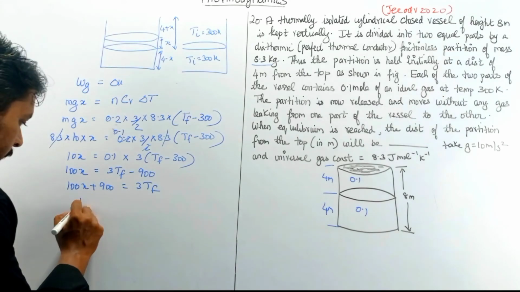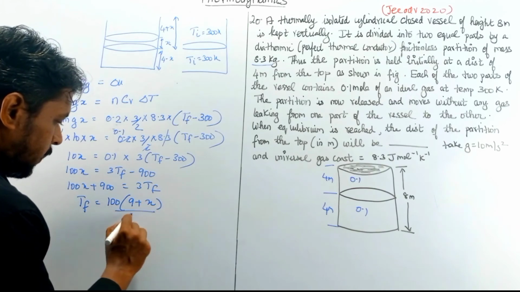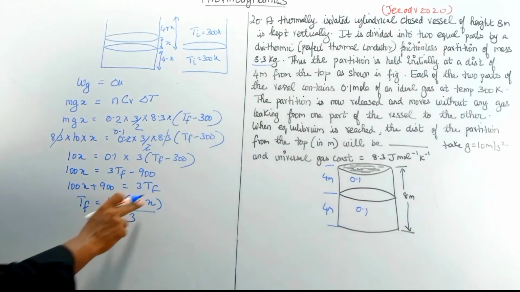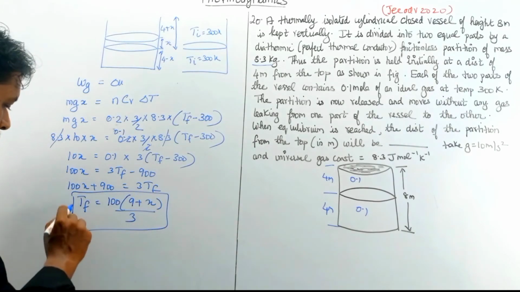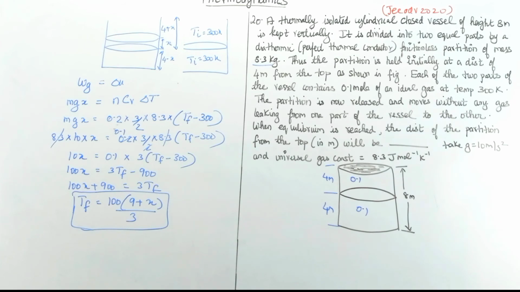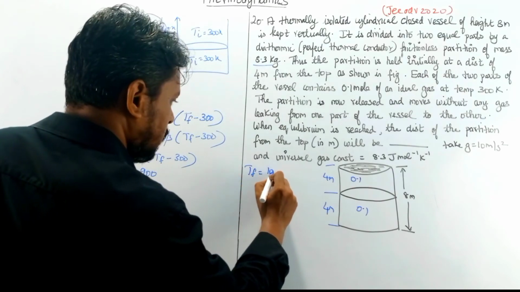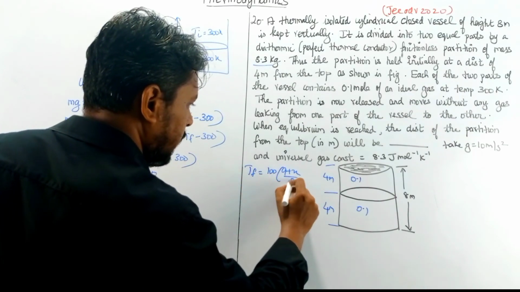Taking 100 common, TF equals 100 times (9 plus x) by 3. So we have found the expression for TF in terms of x. Make a note of it.